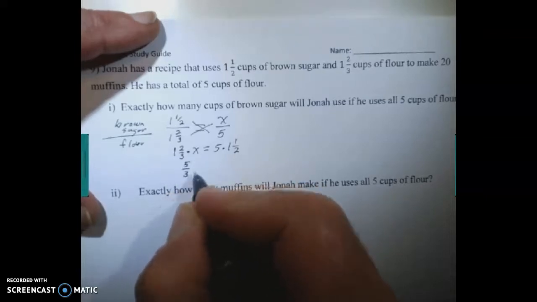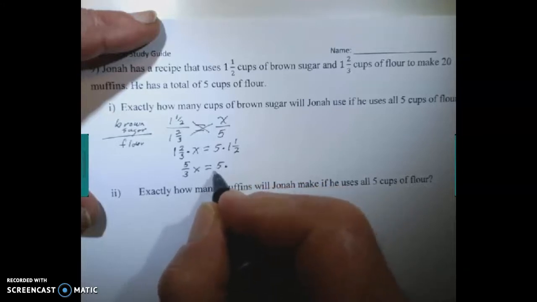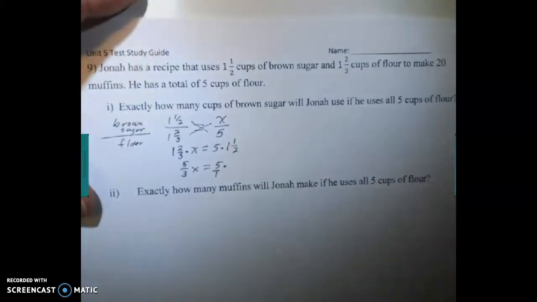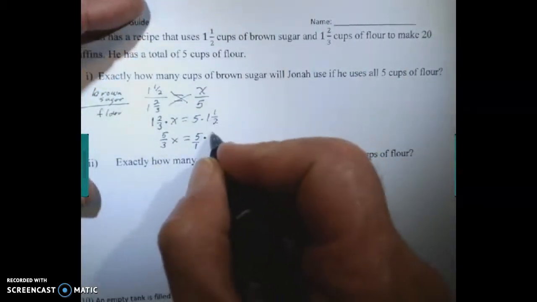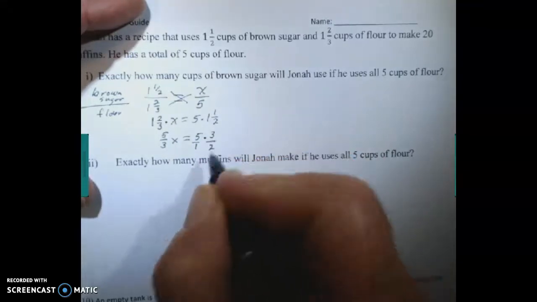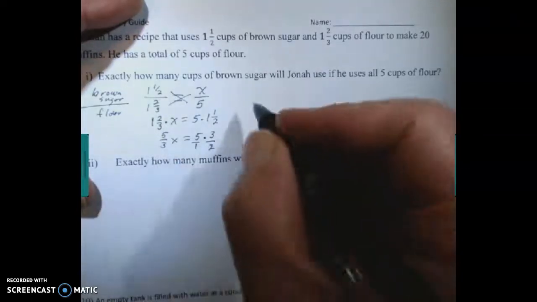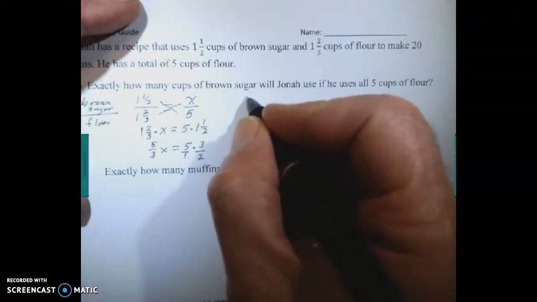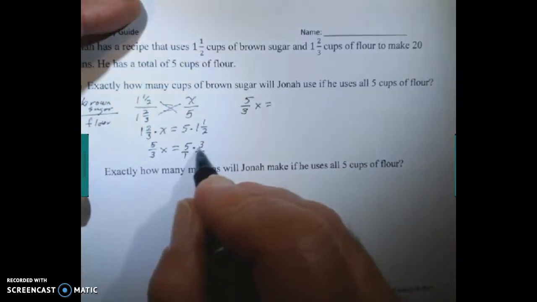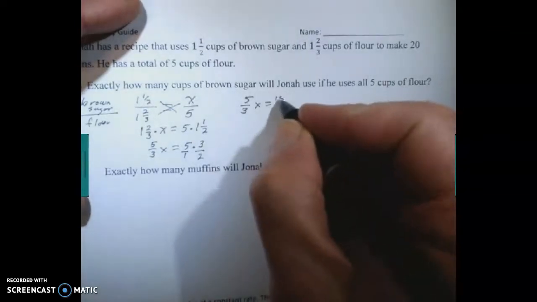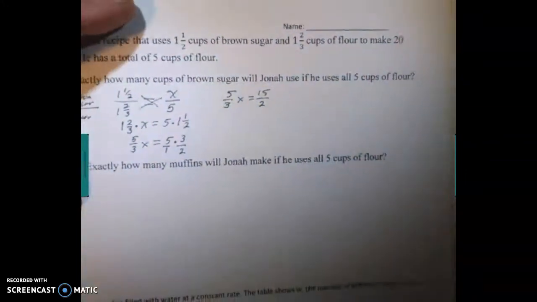This is 5/3 x equals 5 times, make that 5 over 1, make it look like a fraction, times 2 times 1 is 2, plus the 1 is 3, times 3/2. Nothing to reduce on this side. You're going to end up with your equation as being 5/3 x equals 5 times 3 is 15. 1 times 2 is 2, equals 15 over 2.